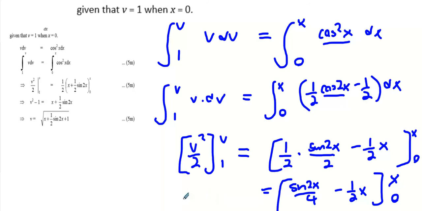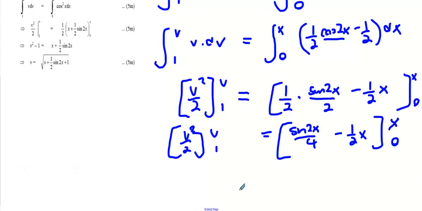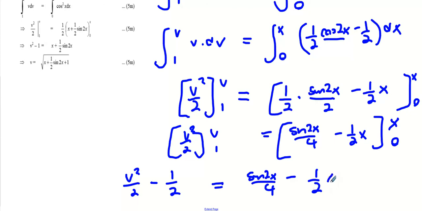And this one over here is phi squared over 2 from phi to 1. Okay, let's throw in our numbers now. We're going to get phi squared over 2 minus 1 squared over 2, which is minus a half. Sin 0 is 0, so it's just going to be sin 2x over 4 plus a half x.